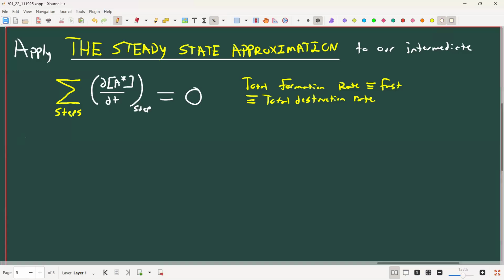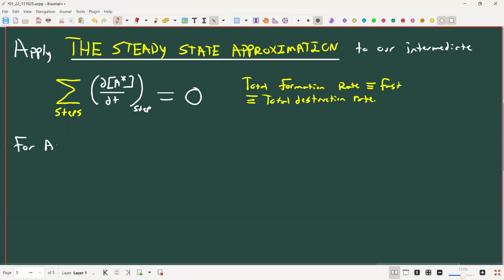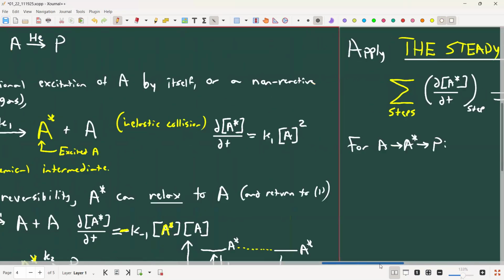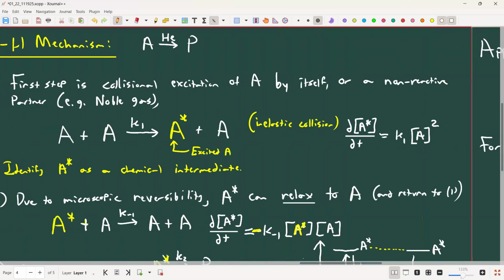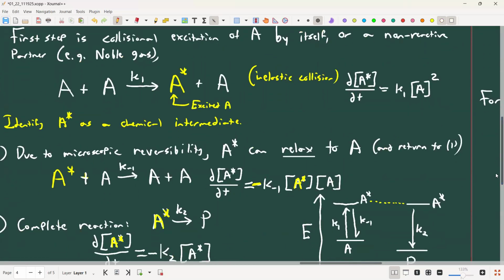Okay, so for our problem for A to A star to P, we have to go back and look again. So our first reaction, right? Each of our reactions now are written in terms of d[A star]/dt. So the sum of all of these rates are 0.